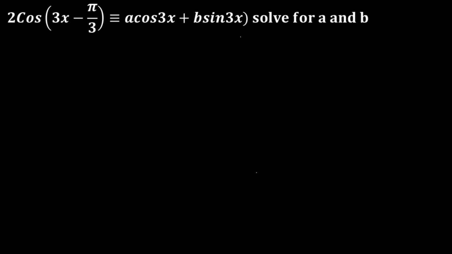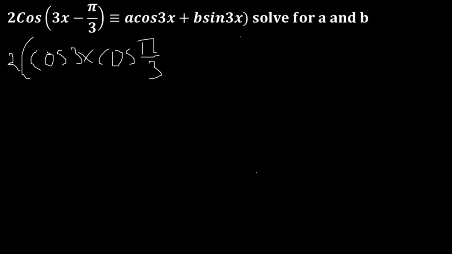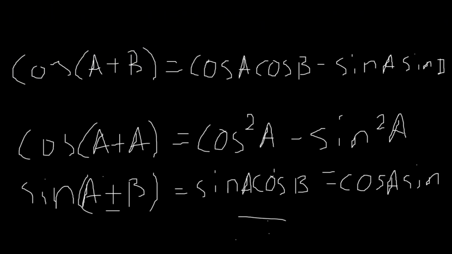Let's solve this one. You have 2 cos (3x minus pi on 3). You can express this as what? We can put the 2 outside. That is cos 3x cos pi on 3 plus... okay, here is plus, here is minus.